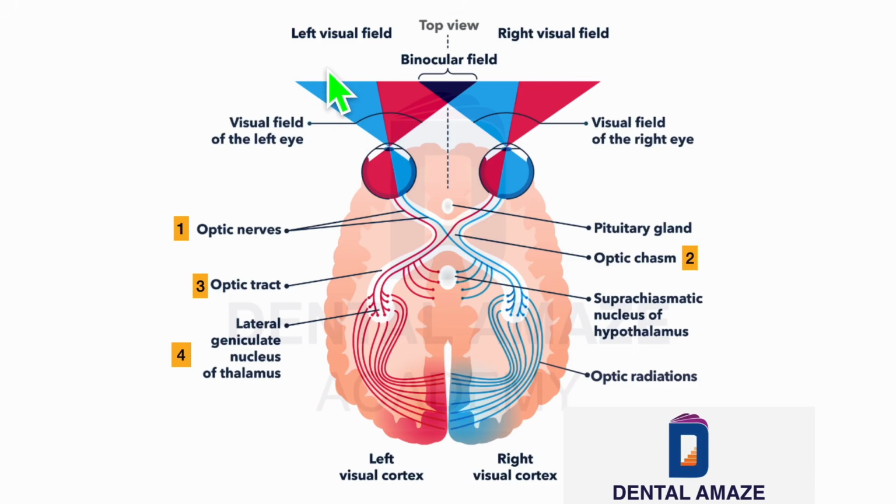Now this is one term you have to remember. This is where your temporal bone comes, right? So this is your temporal left visual field. This is your nasal side, where your nose comes. So this is your nasal left visual field. The exact same for the other eye: nasal right visual field, temporal right visual field. So imagine something you're seeing here.